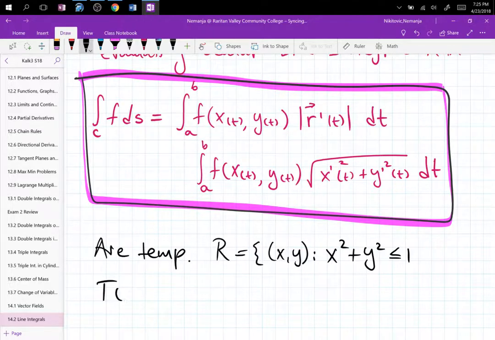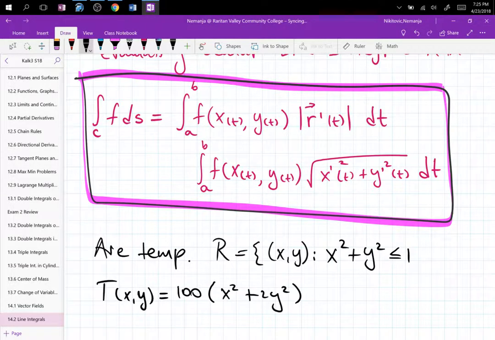And the temperature, well, we will be integrating this thing, is 100 x squared plus 2y squared. So confirm the average temperature.